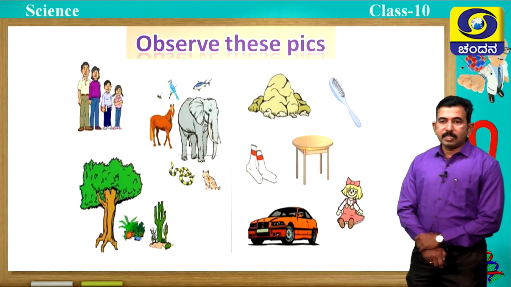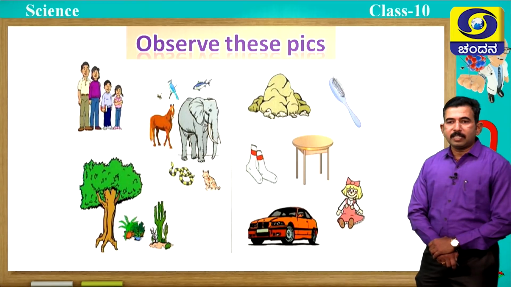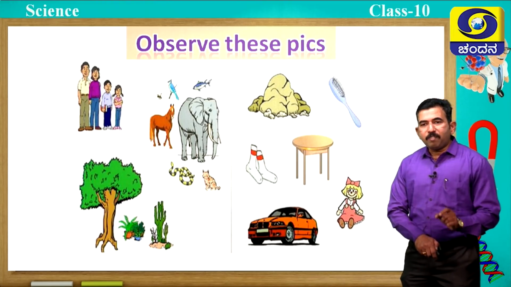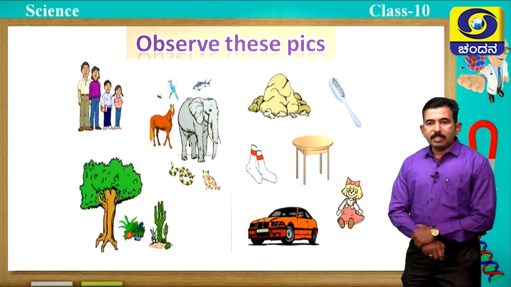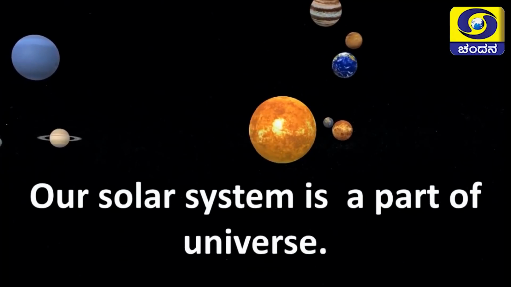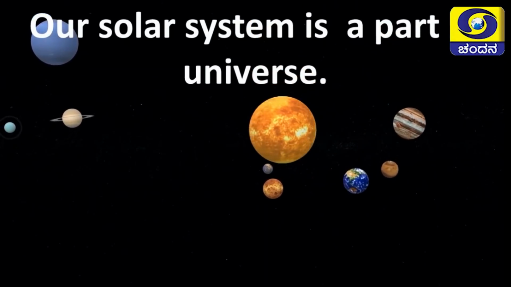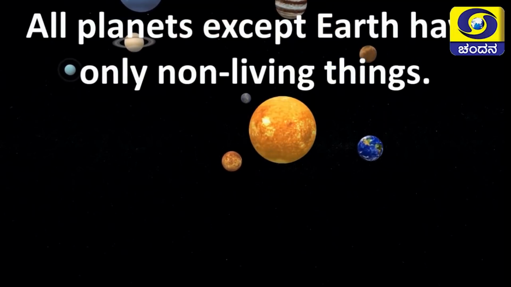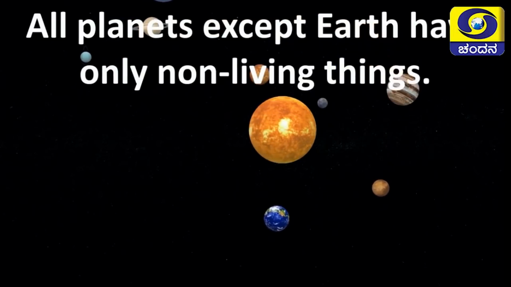Before discussing the difference between living and non-living things, let us see a small video related to the difference between living and non-living things. This universe has many bodies. Our solar system is a part of universe. All planets except Earth have only non-living things.